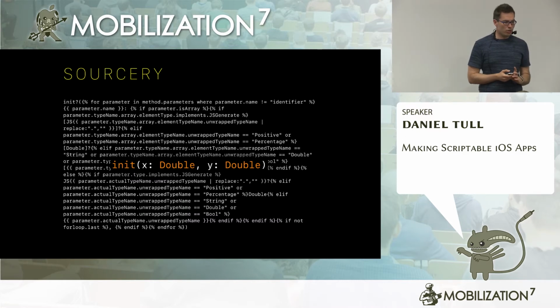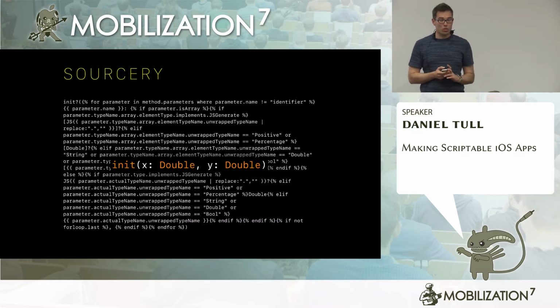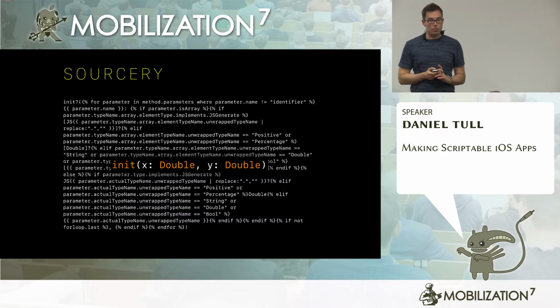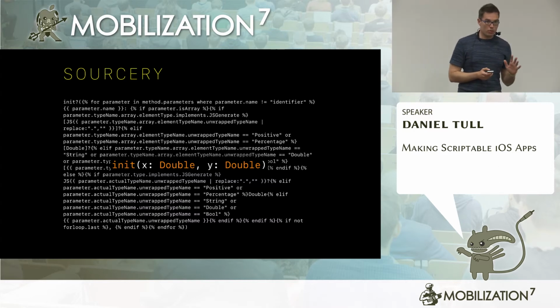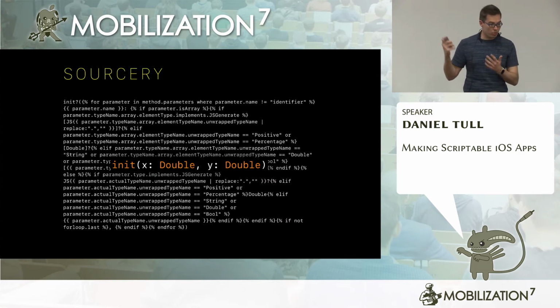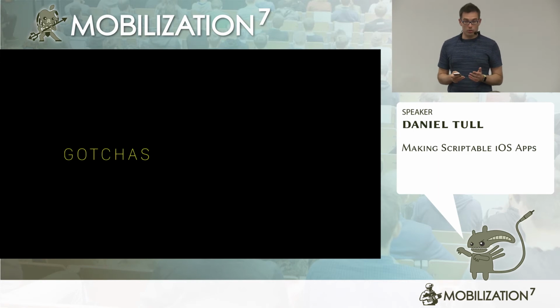I think the total lines of code in the Sourcery file for generation is probably around 400 lines, which is quite a lot. But the generation that it's doing is probably, at this point, maybe 3,000 or 4,000 lines of code. I'll explain why that is so big in a bit, because there are some gotchas with this.